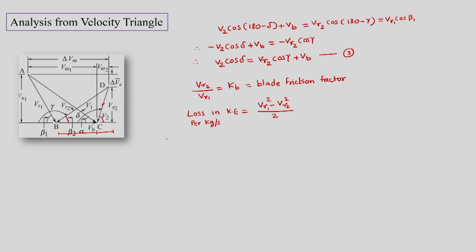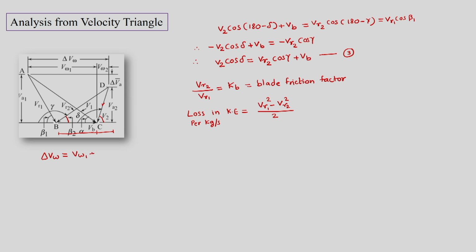Now, we are interested in finding out delta VW. So, delta VW is equal to VW1 plus VW2 from this velocity triangle.